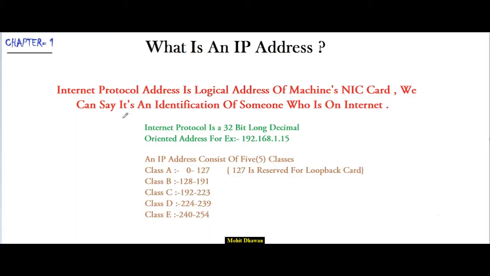So what does an IP address look like? An IP address looks like this: 192.168.1.15.